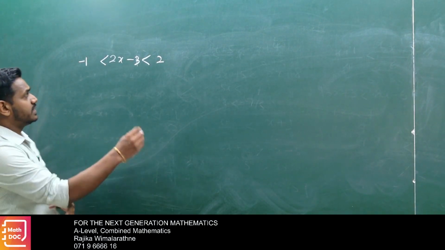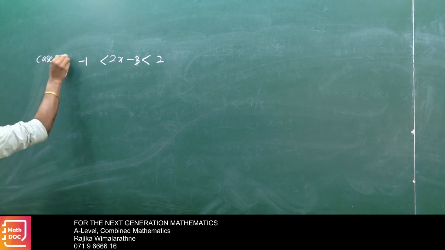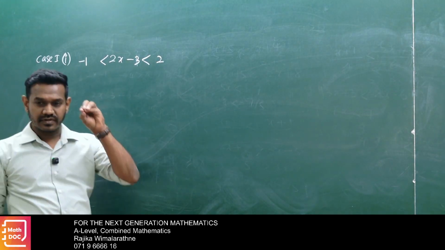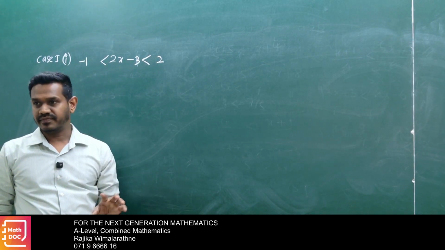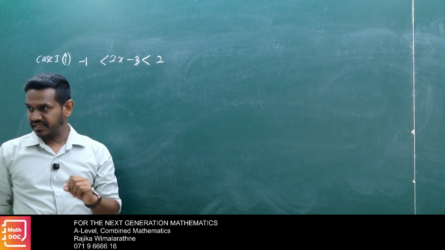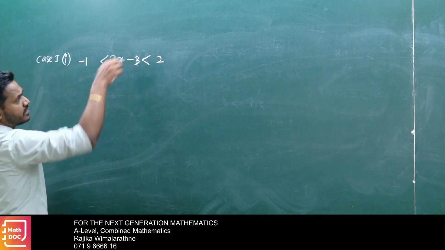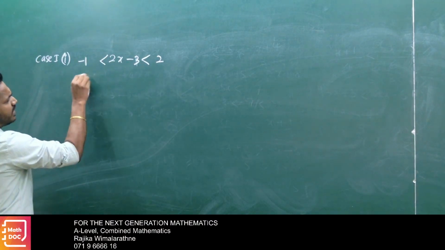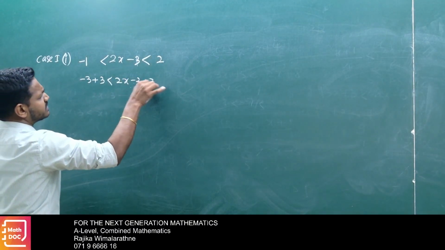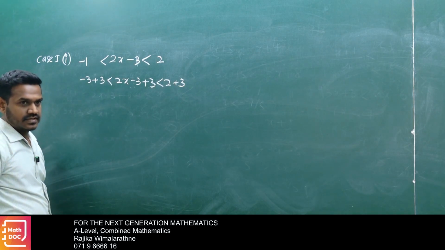So here case 1, the specialty is that the x term is only in the middle term. Other terms are constant terms. Now you try to subject it. Okay, now add 3: minus 1 plus 3, 2x minus 3 plus 3, 2 plus 3. When we add any constant, the sign won't change.